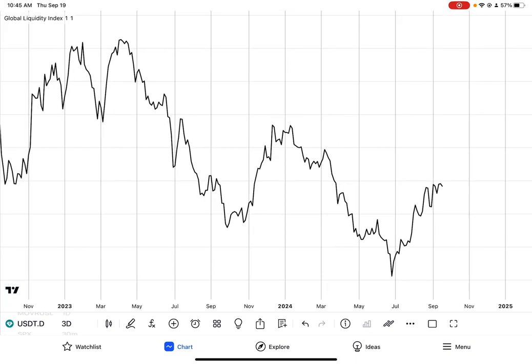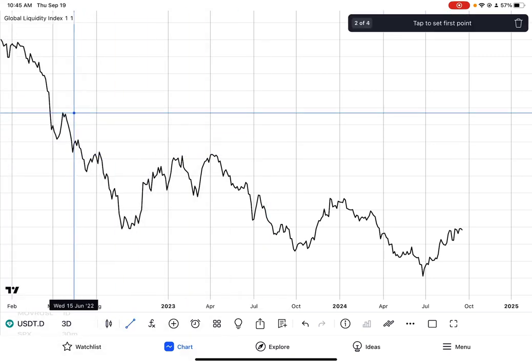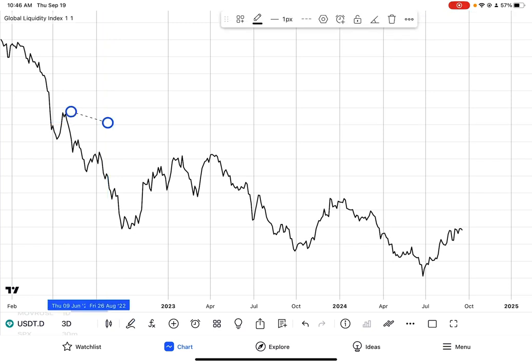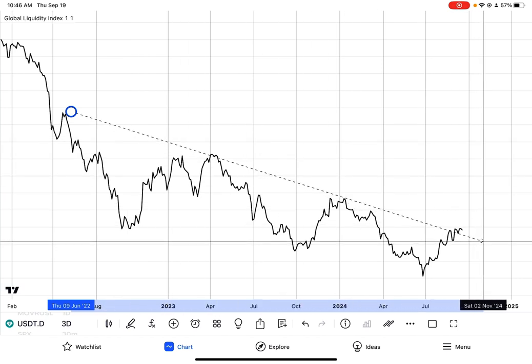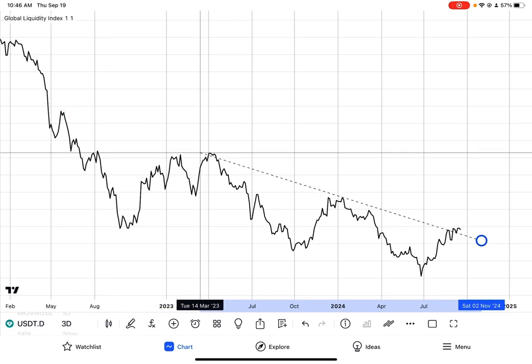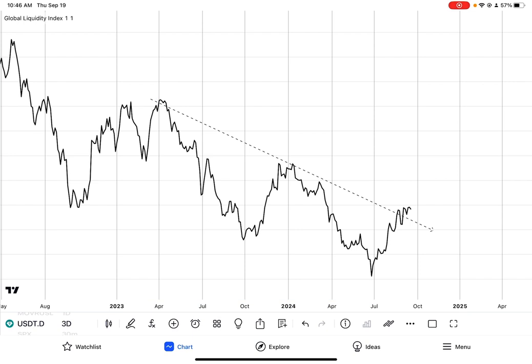This is global liquidity right over here. Okay. Now, global liquidity, my apologies, 1 second. Global liquidity is seeing a breakout above this trendline resistance. We'll put it right over here so you guys can see better. You see that? We're seeing a breakout.